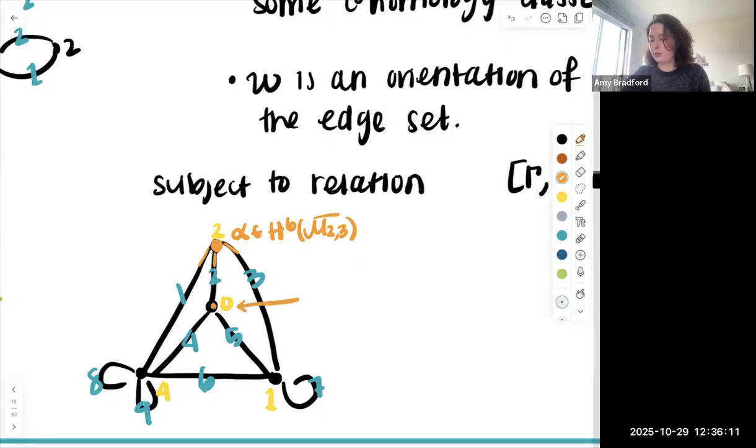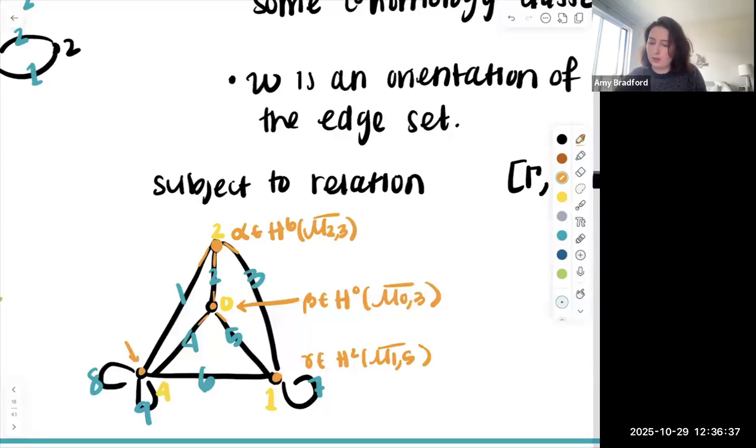So for an example, in this case, this would be some cohomology class inside of M_{0,3}, because again, this is weight 0 and the valence is 3. At this one, I could decorate it with an element of H2 of M_{1,5}. And then this last guy, let's slap a decoration on that's from H4 of M_{4,7}.